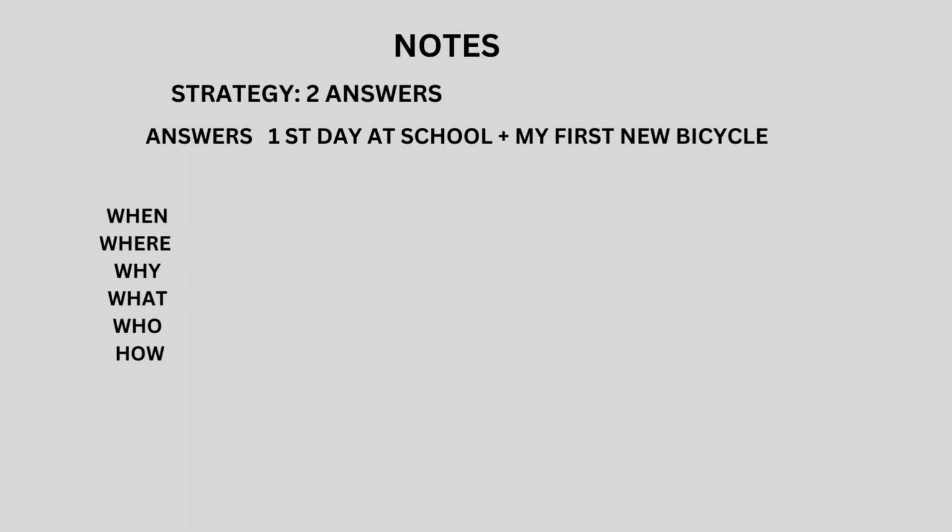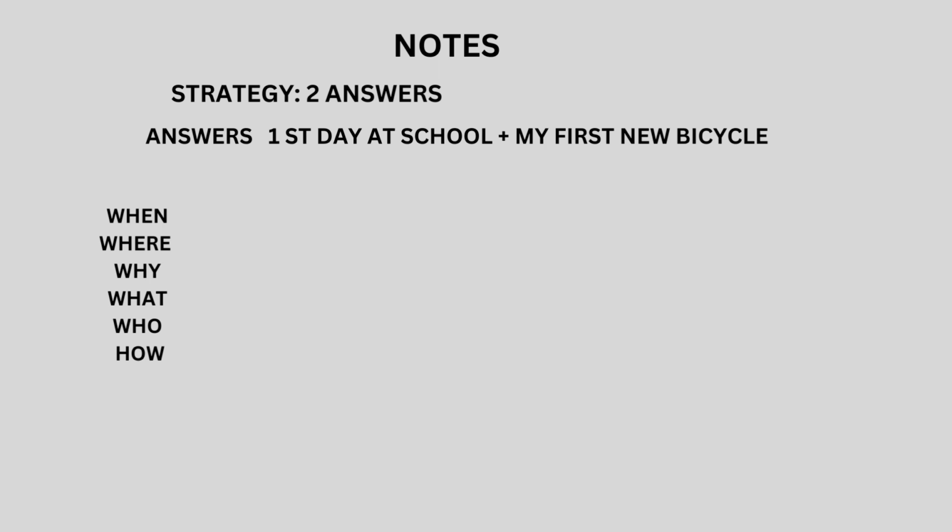Now we have just 1 minute to prepare. So what have I done here? I've decided on my strategy and I'm going to use the 2 answers. And the answers I'm going to talk about is my first day at school and my first new bicycle. Both of those are very fond memories that I still have even to this day, believe it or not.